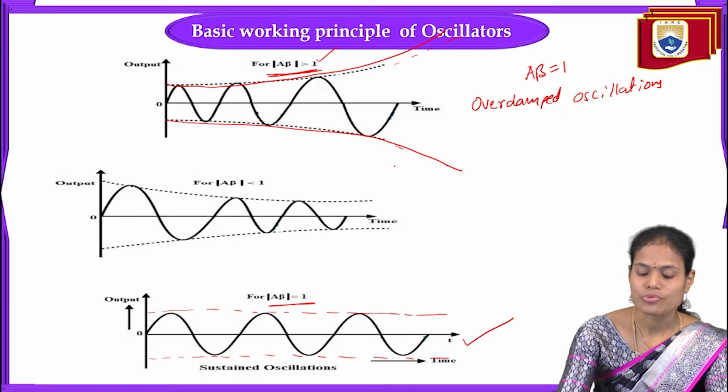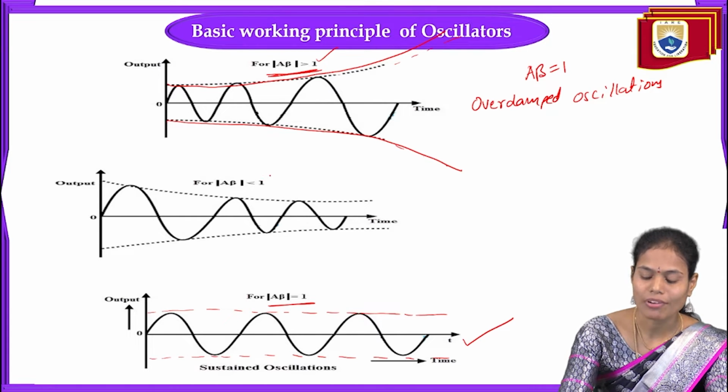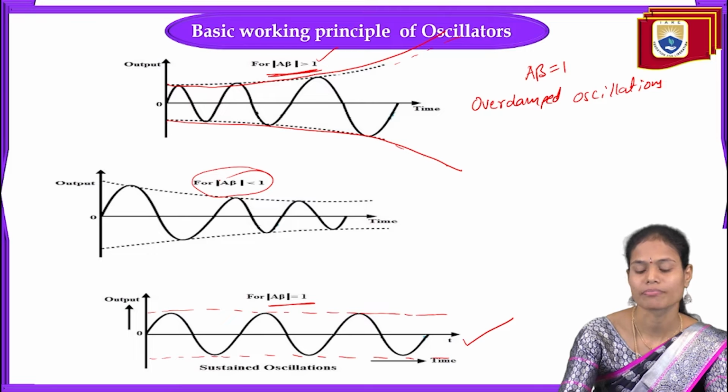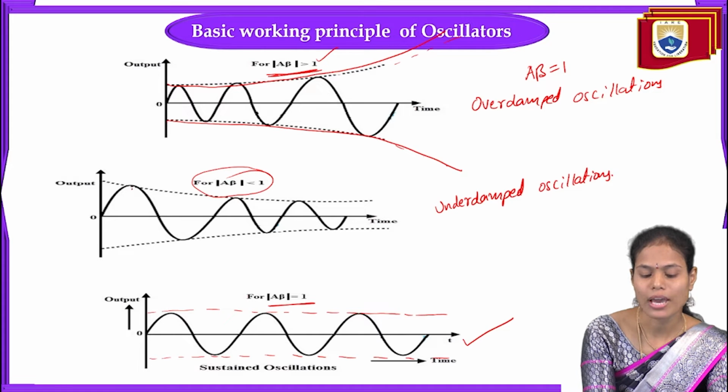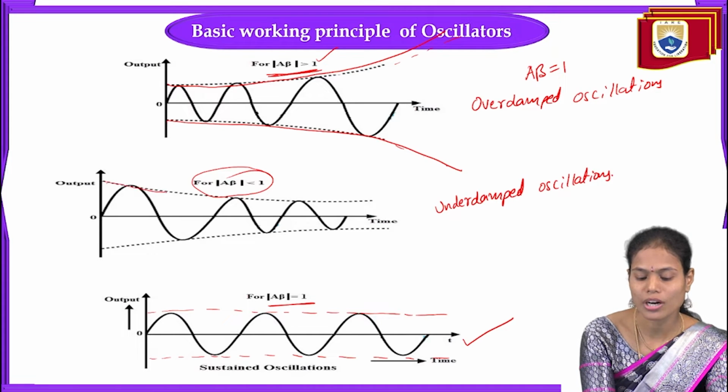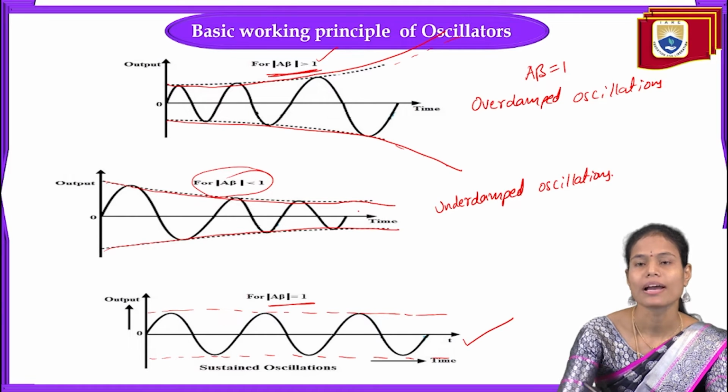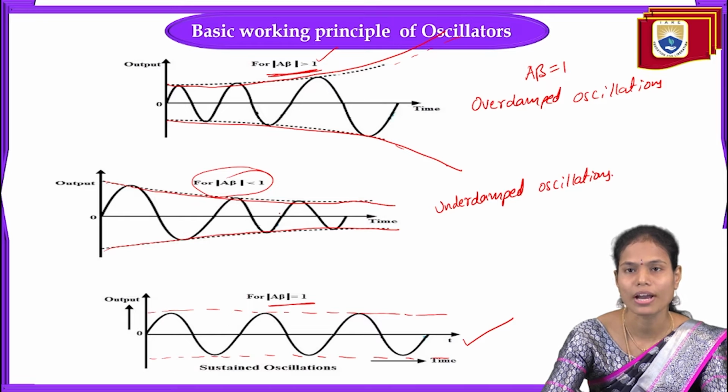Okay, suppose our open loop gain value is less than 1, in that case we will get underdamped oscillations. In this case, what will happen? The amplitude of the output voltage is decreasing towards the horizon here, and the frequency is also varying here.